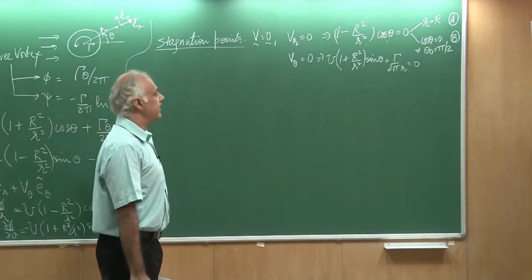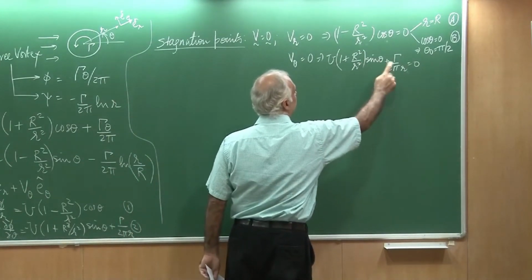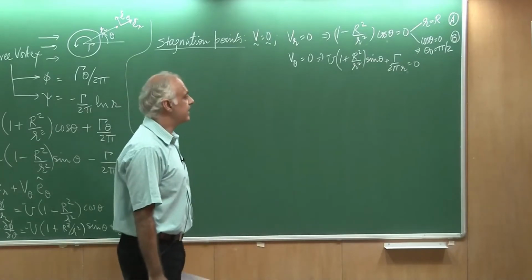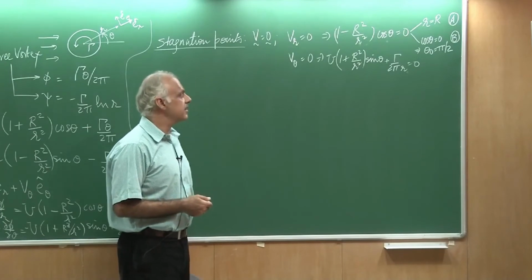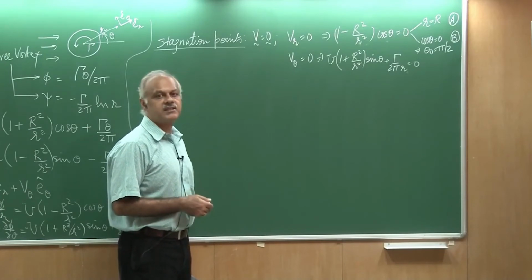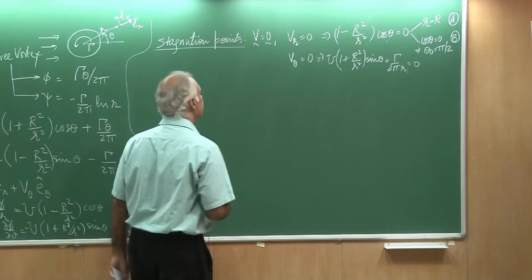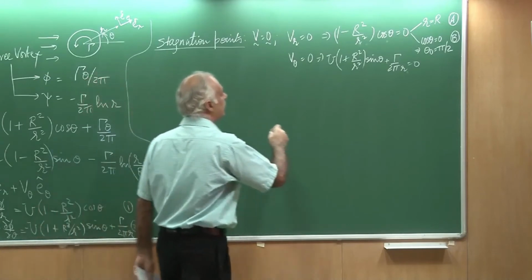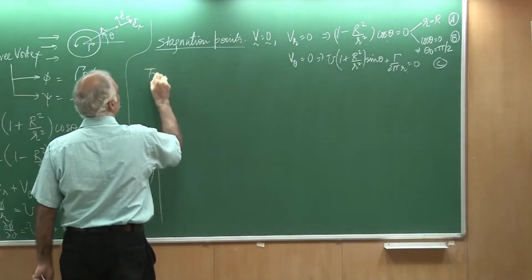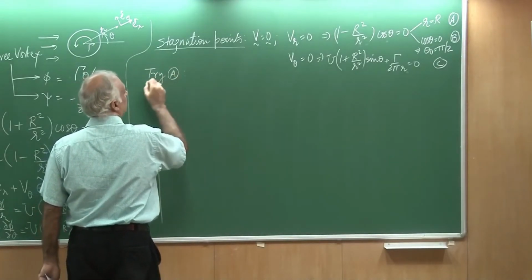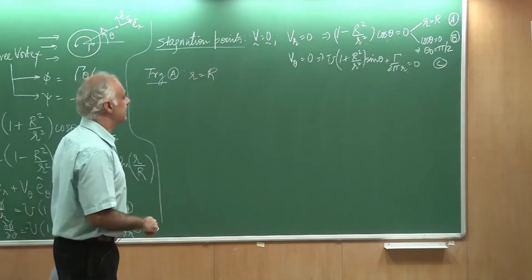By solving this equation equal to 0, I should be able to calculate the values of r and theta. Now, I already know that for a stationary cylinder, my stagnation points lie on the surface of the cylinder, so small r is equal to capital R. Let me call this C. Let me first try A, which is that my stagnation points lie on the surface of the cylinder.